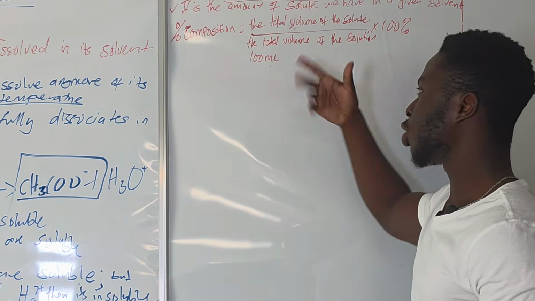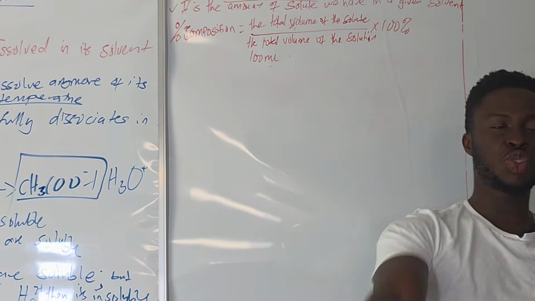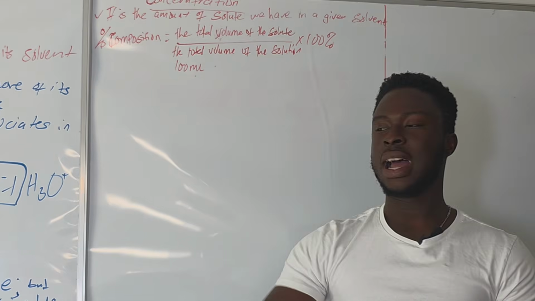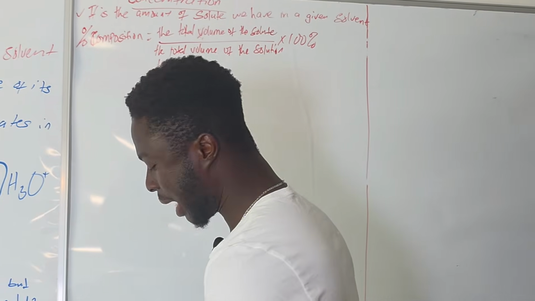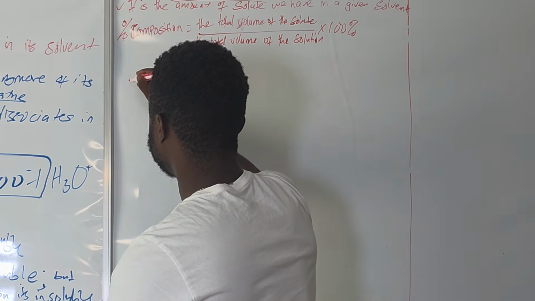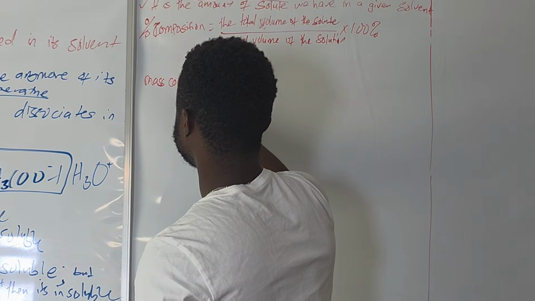Now, this percentage composition is also sometimes used in calculating the percentage composition of sugar, which they call brix, or some other forms of concentration calculation. But then there is another one which is called mass composition.